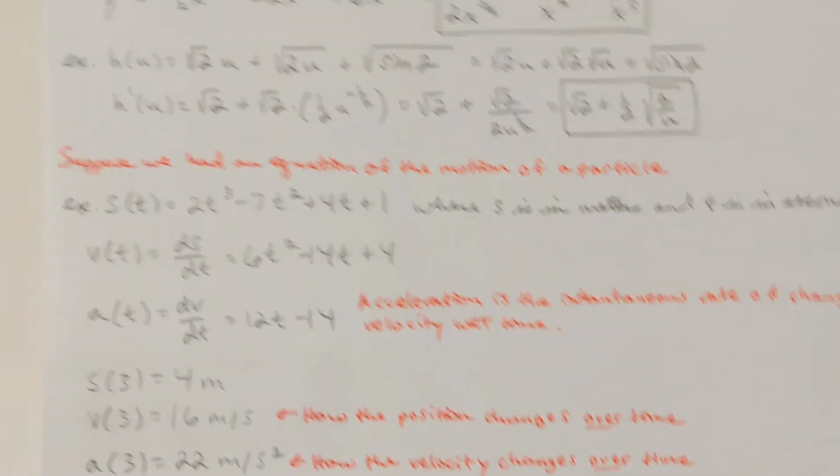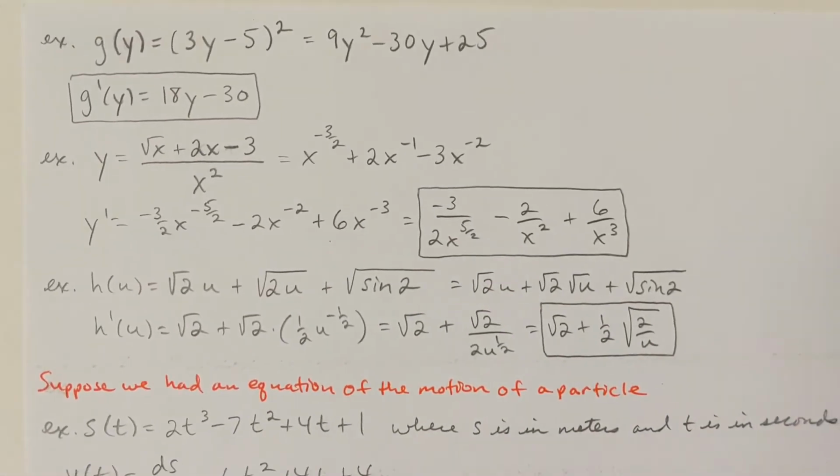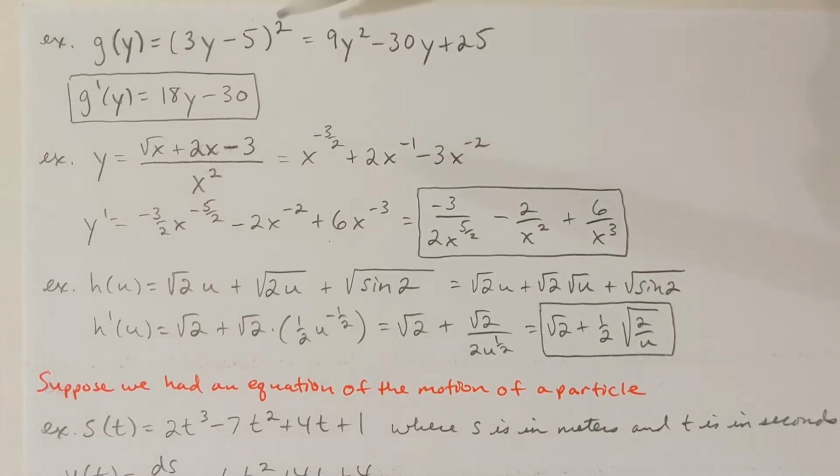Here's another one. Okay, suppose that we have g of y equals 3y minus 5 squared. Now something that we're going to learn about later on, which is super important, this is in section 3.4, is called the chain rule. This can be calculated using a chain rule, but we haven't talked about that yet, so I wouldn't want to look at the problem like that at the moment.